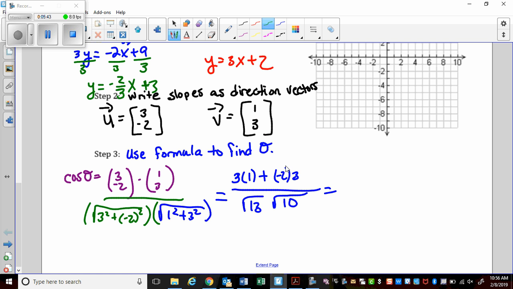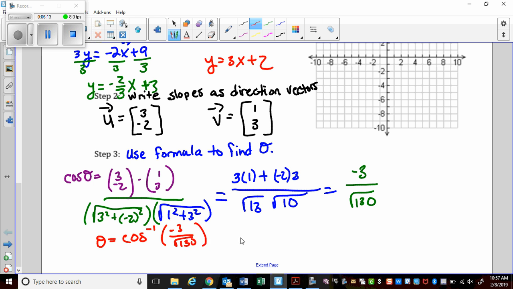Three times 1 plus negative 6 is negative 3 over the square root of 130. Just leave it as a square root of 130. And then we're going to solve for theta. We have cosine of theta equals this. If I want to solve for theta, I have theta equals the cosine inverse of negative 3 over the square root of 130.